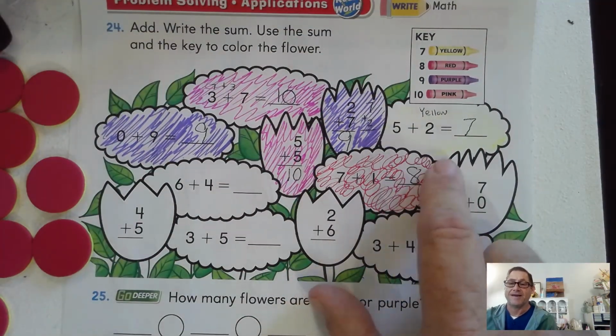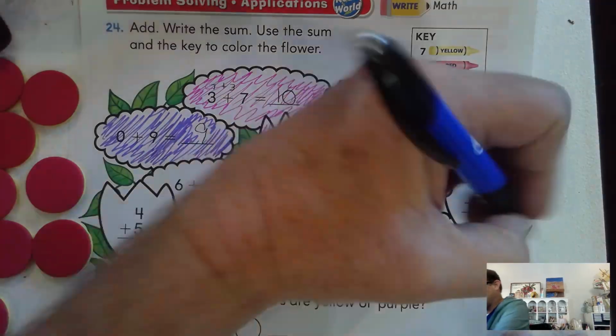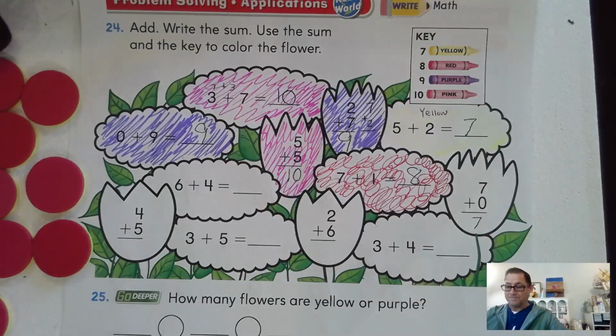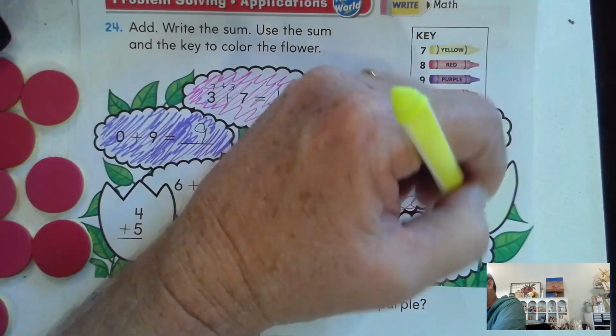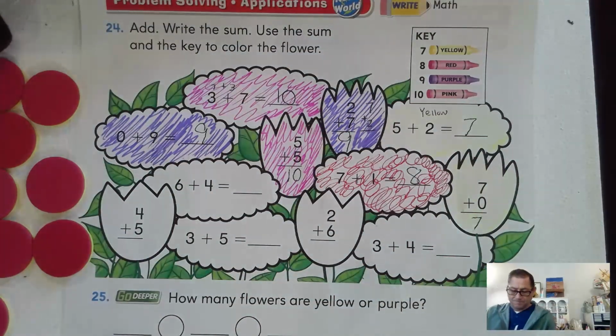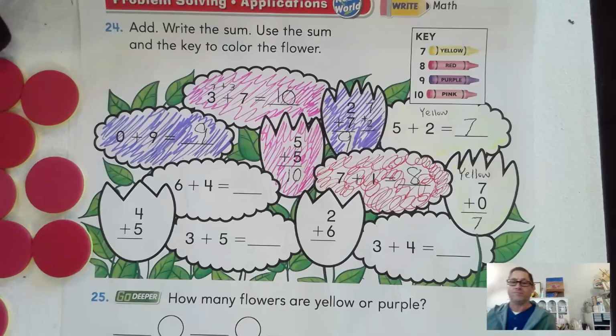Again, it doesn't look like I answered or colored it, but it's colored. 7 plus 0. Okay, so that's 7, right? So that's going to be yellow. And just so you know I colored it, I'm going to put yellow.